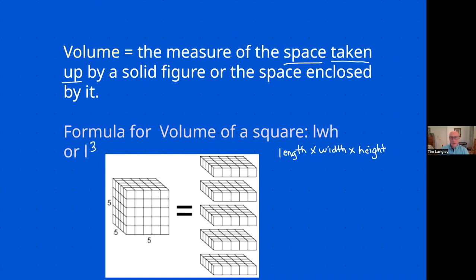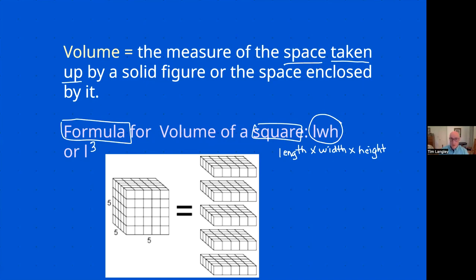And so the first formula I'm going to give you is for the cube. If you're taking notes, you might want to simplify this. Here's our formula for the volume of a cube, and that formula is right here. It's LWH, which stands for the length times the width times the height.